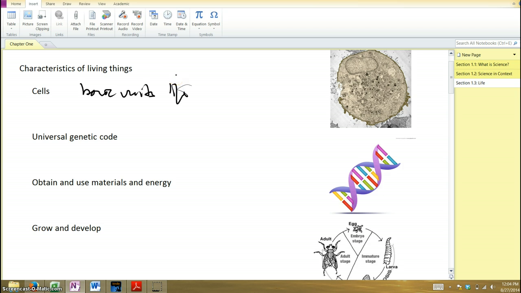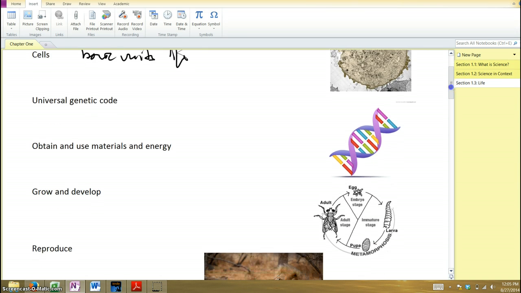For example, our desks are made of matter, material, plastic and metal, but they're not made of cells, so they're not alive. Living things share a universal code of DNA. That is, all living things have DNA, which is the material they use to transmit information from one generation to the next.